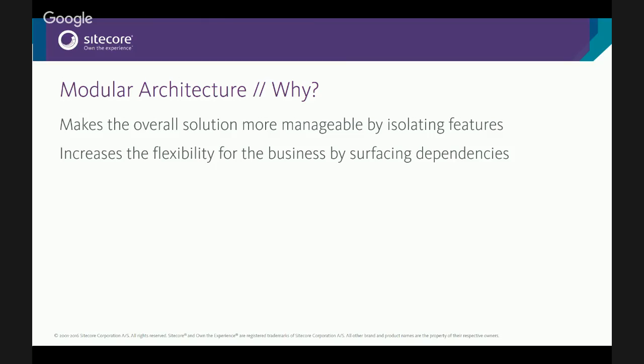It's about surfacing the dependencies so that the flexibility of changing one part is higher. So it gives more possibilities for the business to come in and say, I want to change this feature, and then not run the risk of breaking something else in the process. Which also goes towards reliability. It makes it a lot easier to test things and to reliably change parts of the solution.